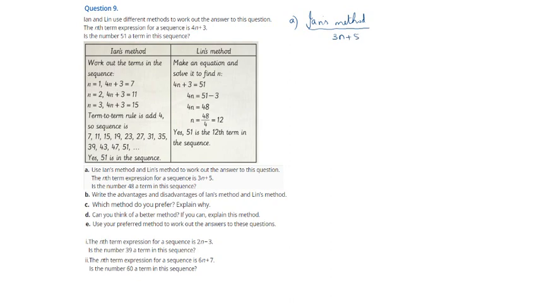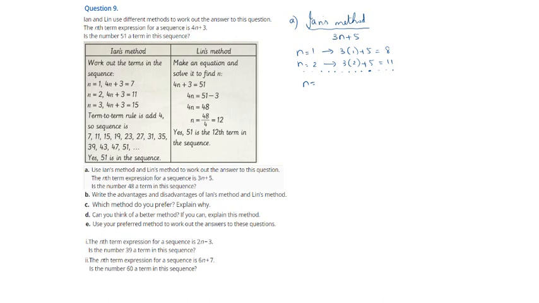So when n is equal to 1, this expression becomes 3 into 1 plus 5, which is equal to 8. When n is equal to 2, this is 3 times 2 plus 5, which is equal to 11. Like this, we will find for some bigger value of n.